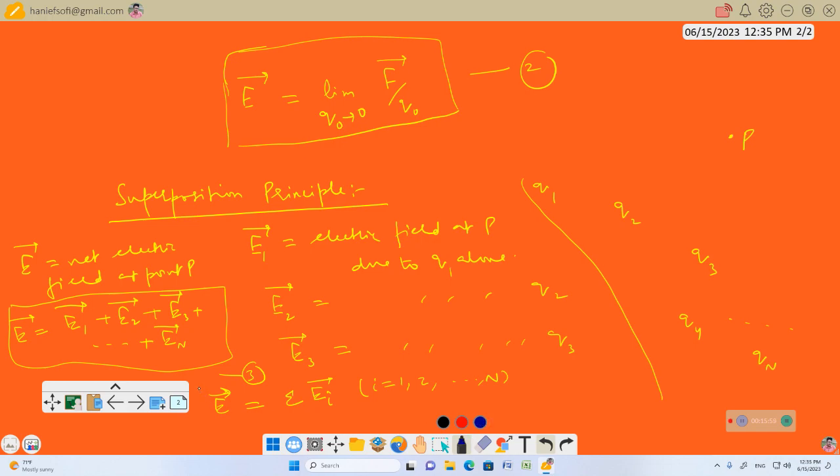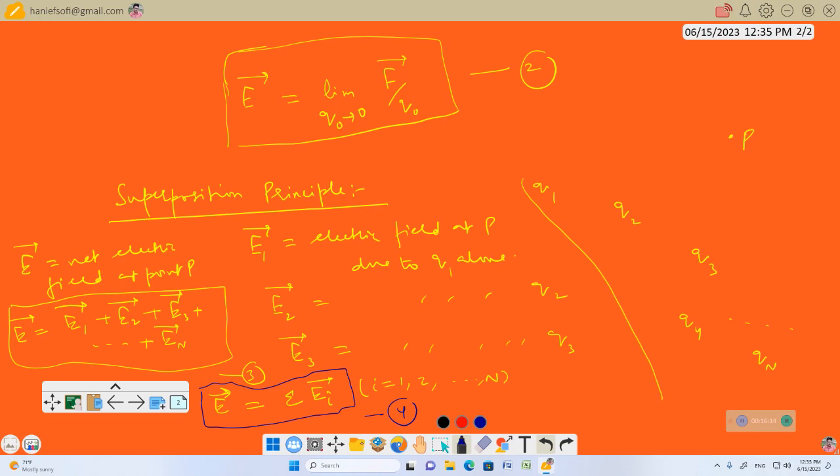This summation sign means we have to add first E1 with E2, then E3, and so on. So this is how we get the net electric field at point P.